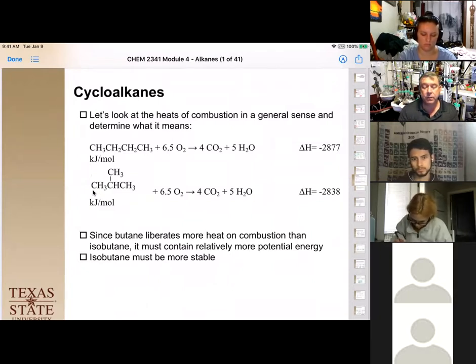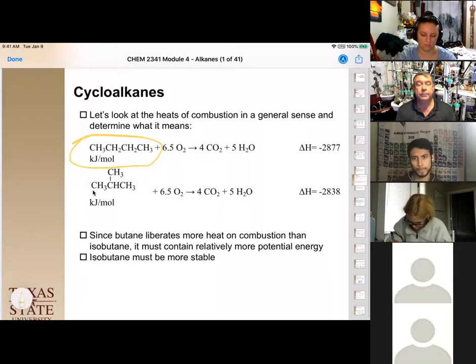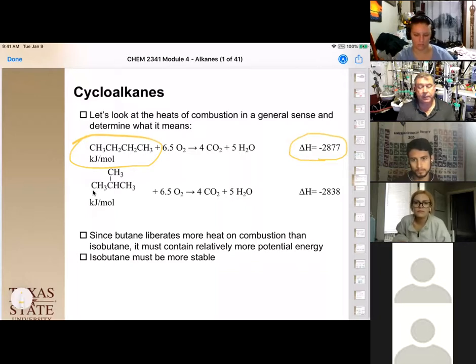Okay, so if we look at this straight chain butane, okay, 4 carbons, we have the 2n plus 2 hydrogens on it, and we combust it completely to CO2 and water, we end up getting 2,877, I believe those are kilojoules, yeah, kilojoules per mole, okay?